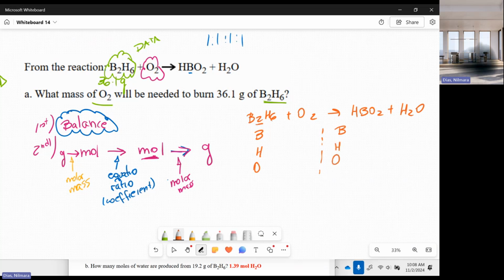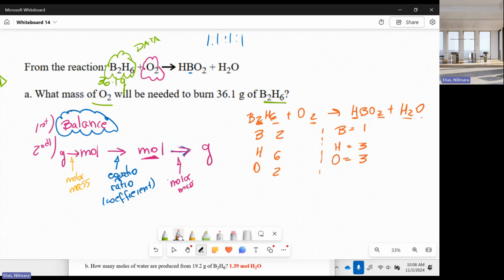So on this side, I have 2 borons, 6 hydrogens, and 2 oxygens. And here, I have just 1 boron. 1 hydrogen plus 2 hydrogen, I have 3. And I have 2 here, and 2 plus 1, I have 3 over here. Okay, it's not balanced. So let's go and balance.